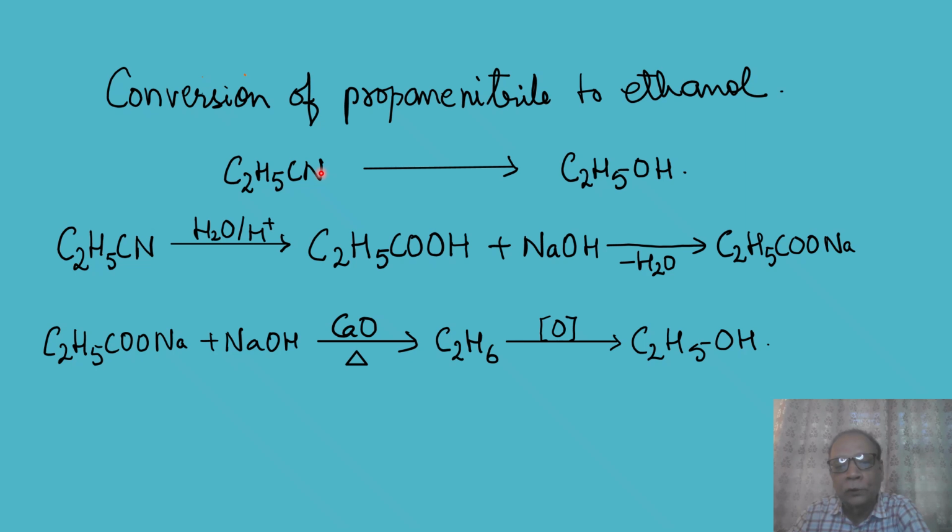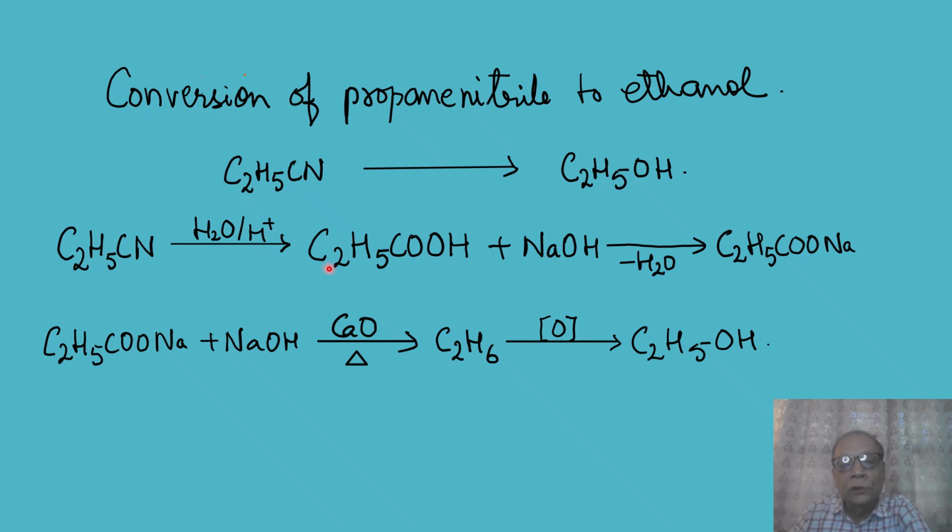N also will be lost. C will be lost. So a 3 carbon compound will be converted to a 2 carbon compound. And again, as I said, from nitrile to alcohols, this is again moving over the homologous series. So C2H5CN, propane nitrile, is hydrolyzed in presence of dilute acid.